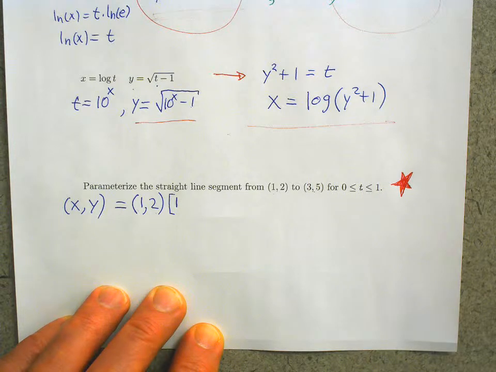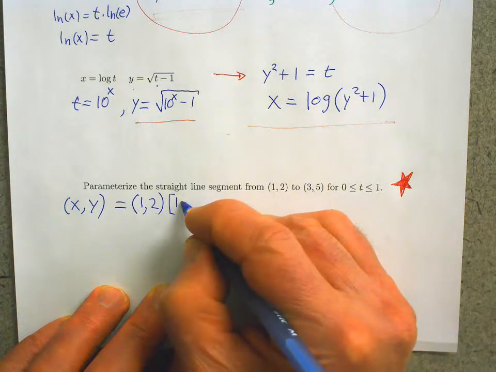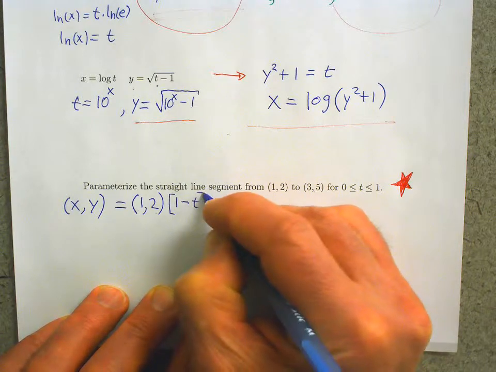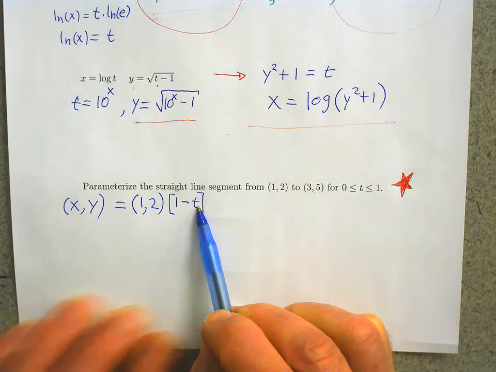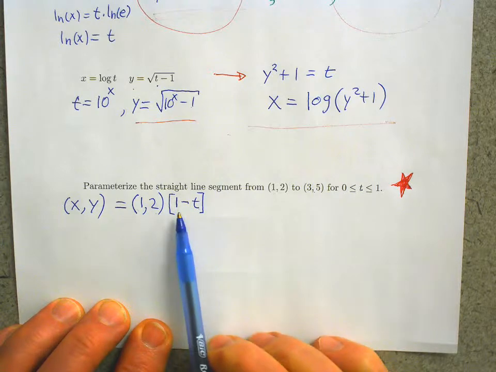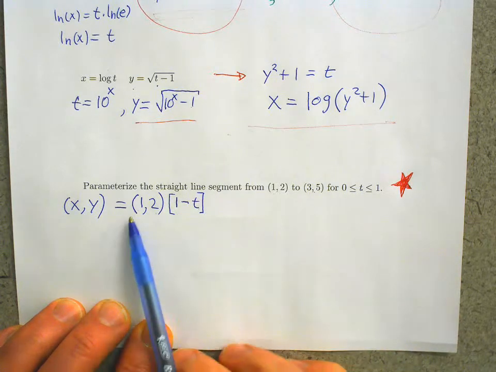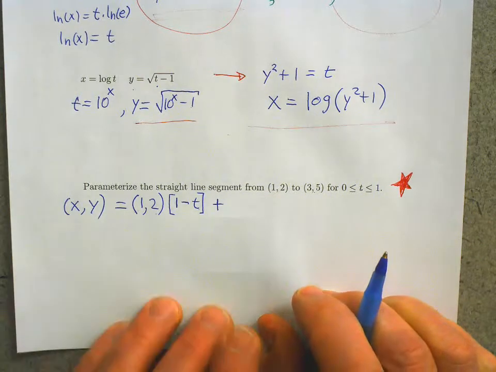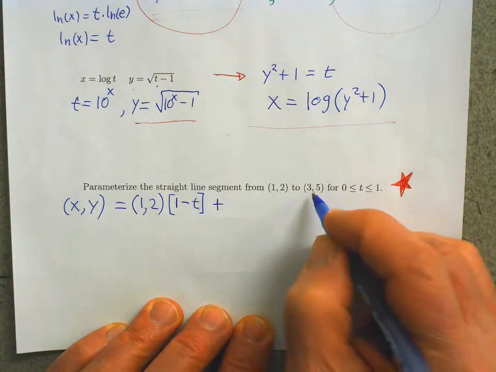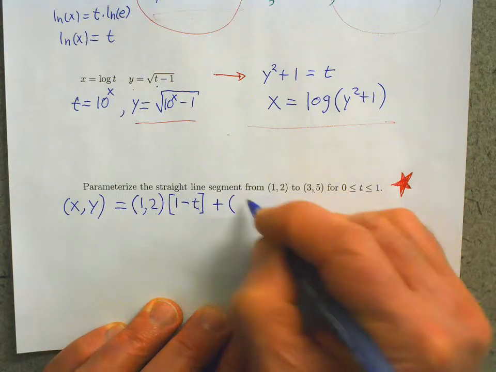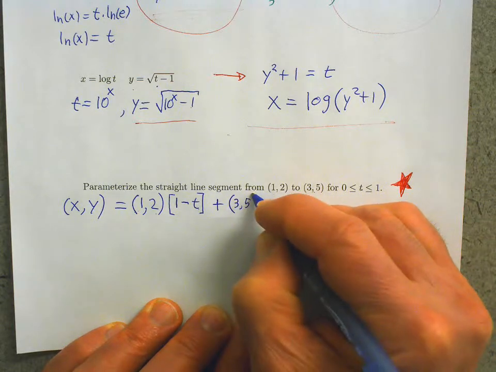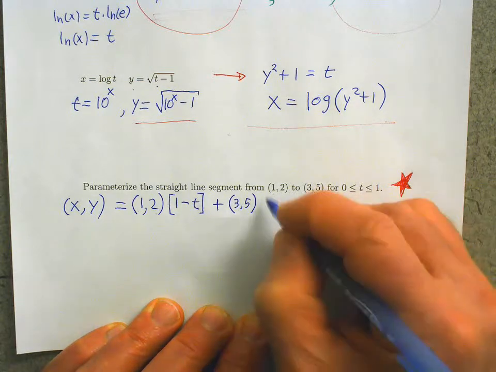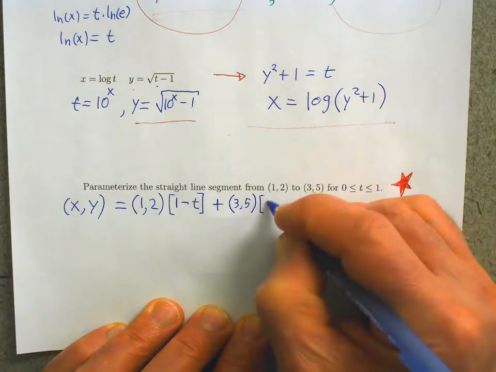That's what I want to start with. So if I write 1 minus t, when t is 0, I'm just at the point 1 times the ordered pair 1, 2. But as t increases between 0 and 1, I want to end up at the other point, 3, 5, when t is equal to 1. So in this bracket, I'm going to put t.